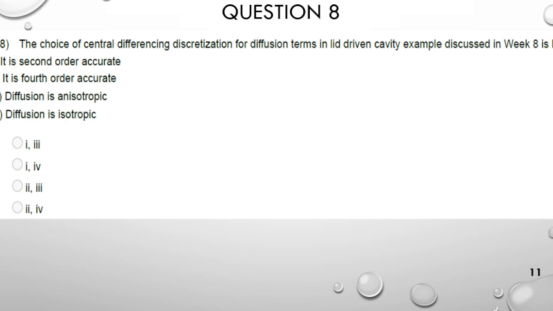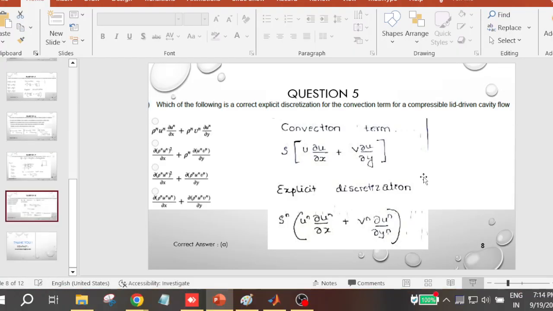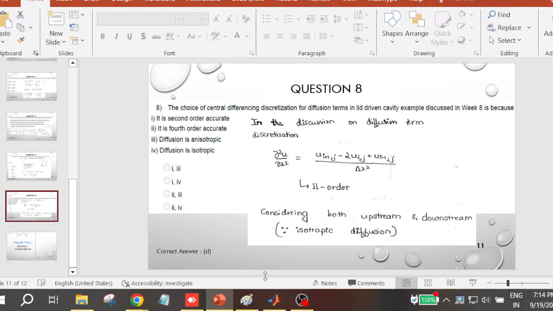This is why we have taken a central differencing scheme. It is second order accurate first of all, and we have taken both forward and backward indices because we have assumed that the diffusion is isotropic, that it is the same along all directions. So that is the answer. Those are the 8 questions which I wanted to discuss.